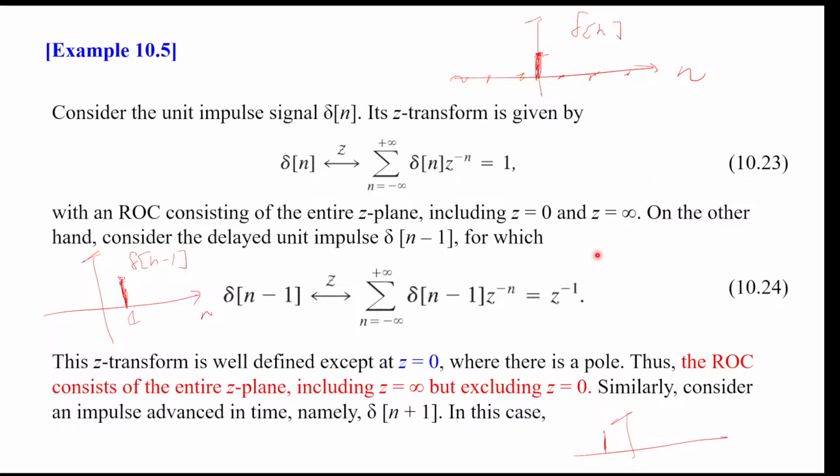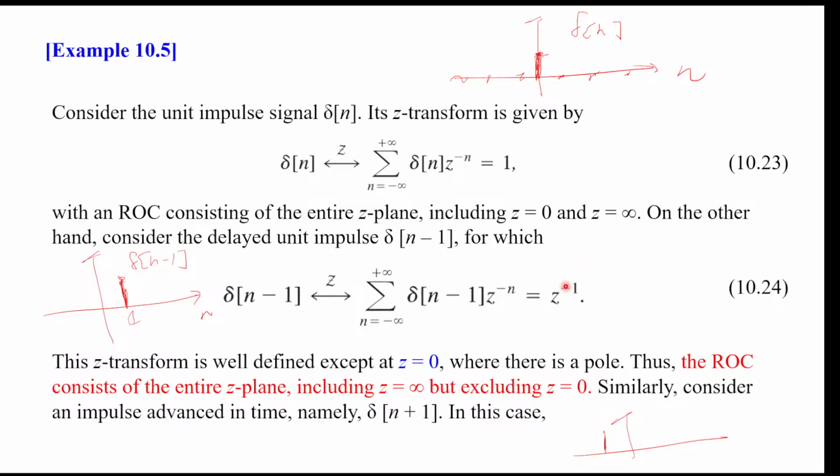Now we see another signal, this impulse signal delayed a little bit. We have our delayed unit impulse, delta of n minus 1. Delta of n minus 1 will be transformed to, well, now we pick n equal to 1, so we have z to the minus 1.